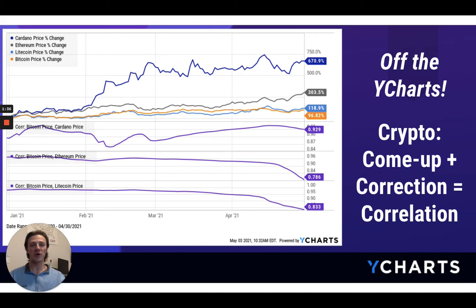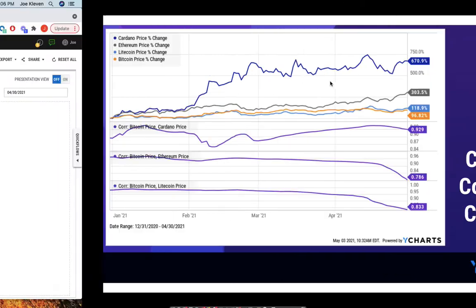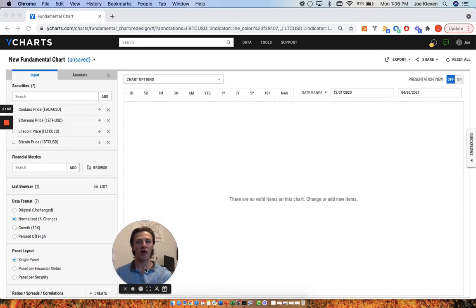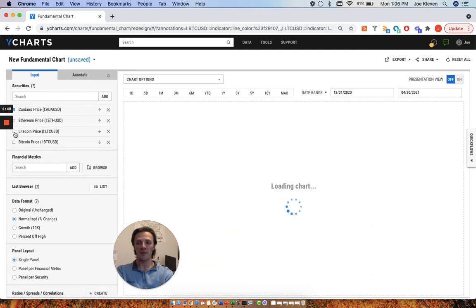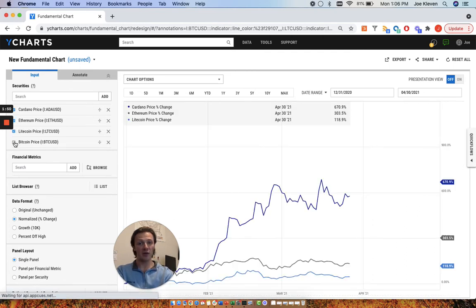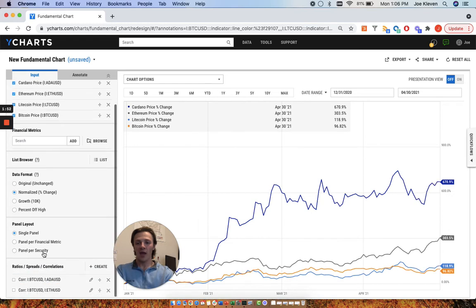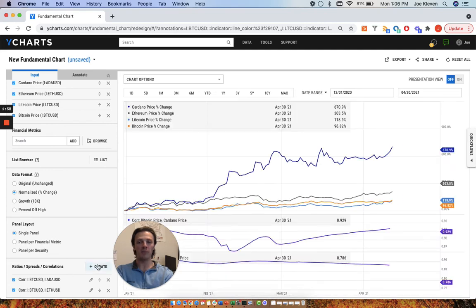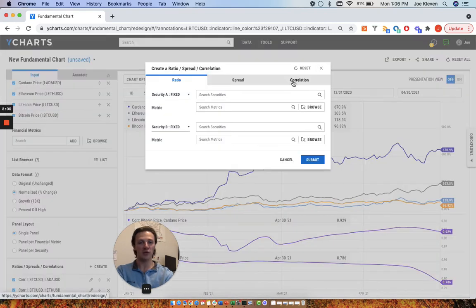So in order to recreate this image, let's hop into the YCharts tool and show you how you can recreate images like this to show to your clients and facilitate those communications. Here in our securities, we have Cardano, Ethereum, Litecoin, and Bitcoin, of course, all laid out. And we have 2 pre-built correlations, Bitcoin to Cardano and to Ethereum. But for Litecoin, let's show you how to manually recreate that.